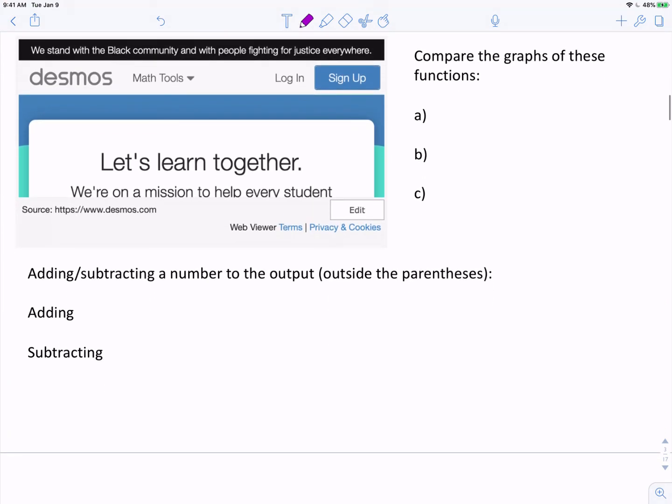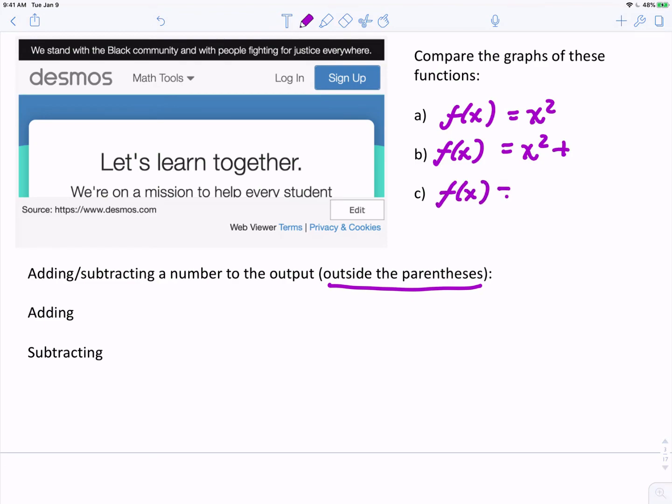Now what we're going to do is take a look at what happens when you add or subtract a number outside of the parentheses. So we'll compare f of x is equal to x squared with, for example, f of x is equal to x squared plus a number, and f of x is equal to x squared minus a number.